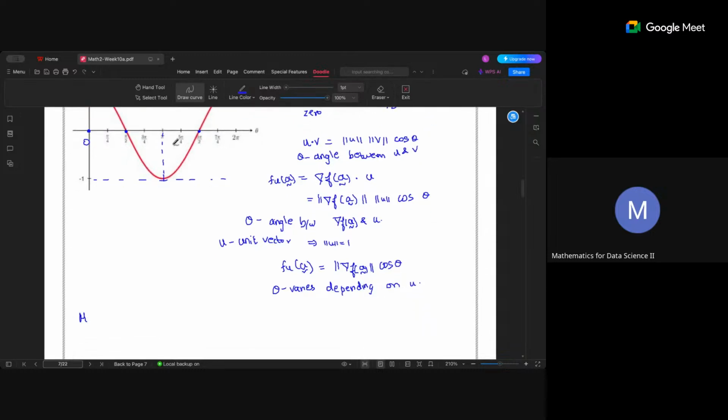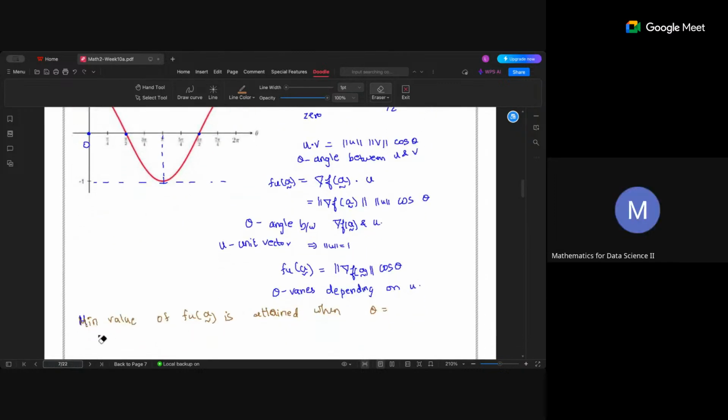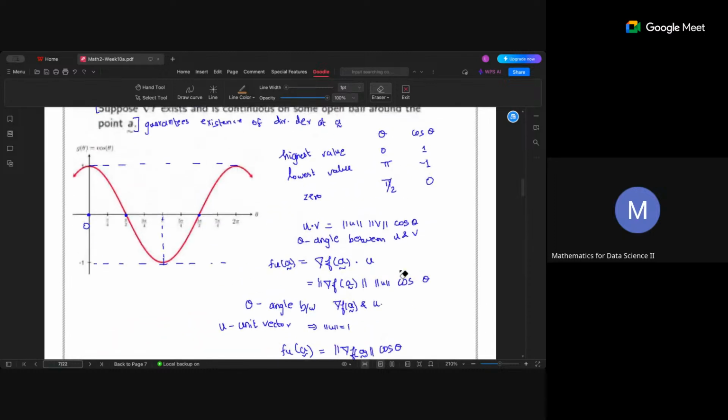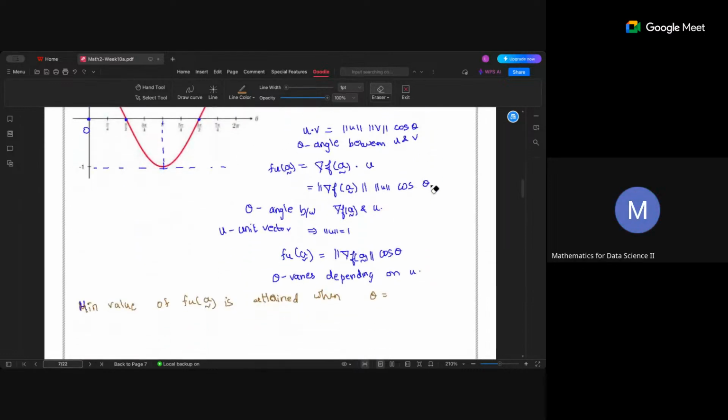So when will you have the minimum value of f_u of a tilde attained? From the above information, can you tell when theta is equal to pi? Your value should be minimum, and that happens when theta is pi.